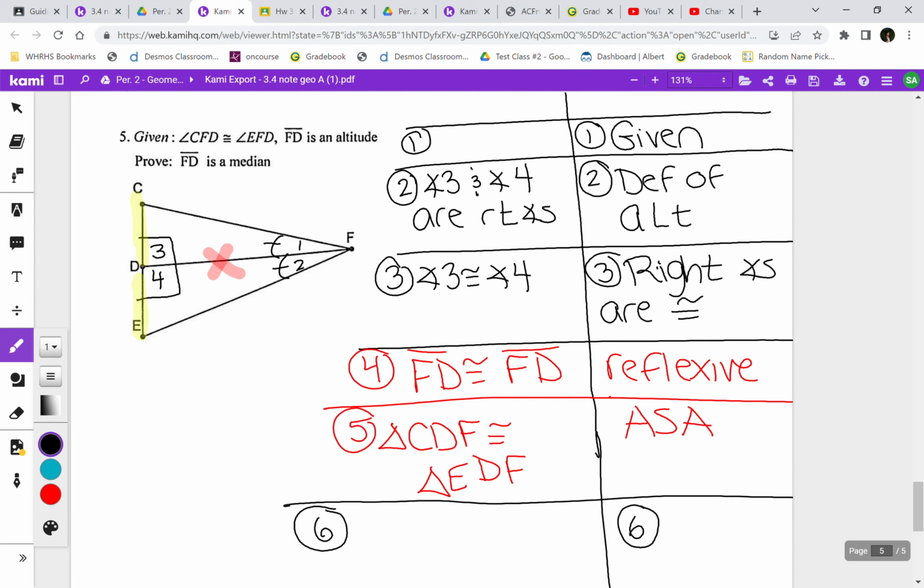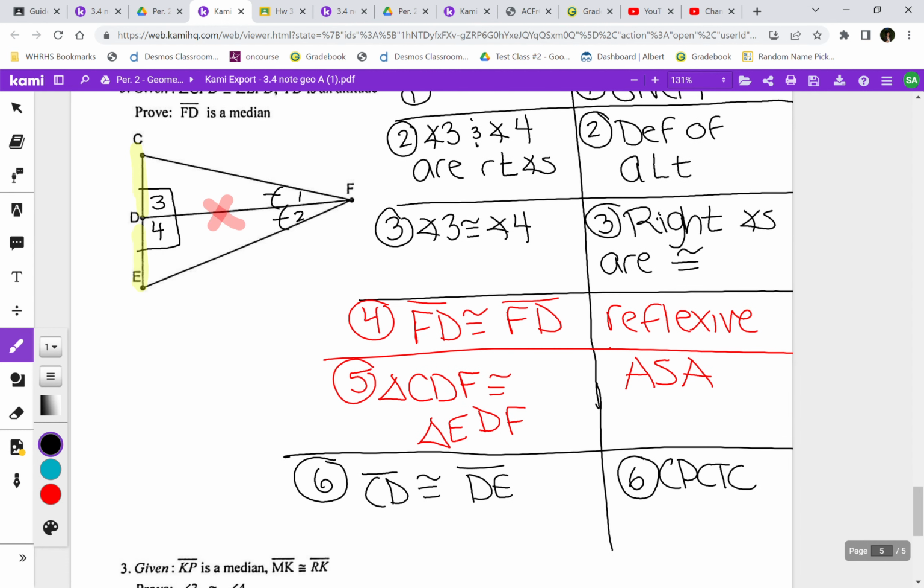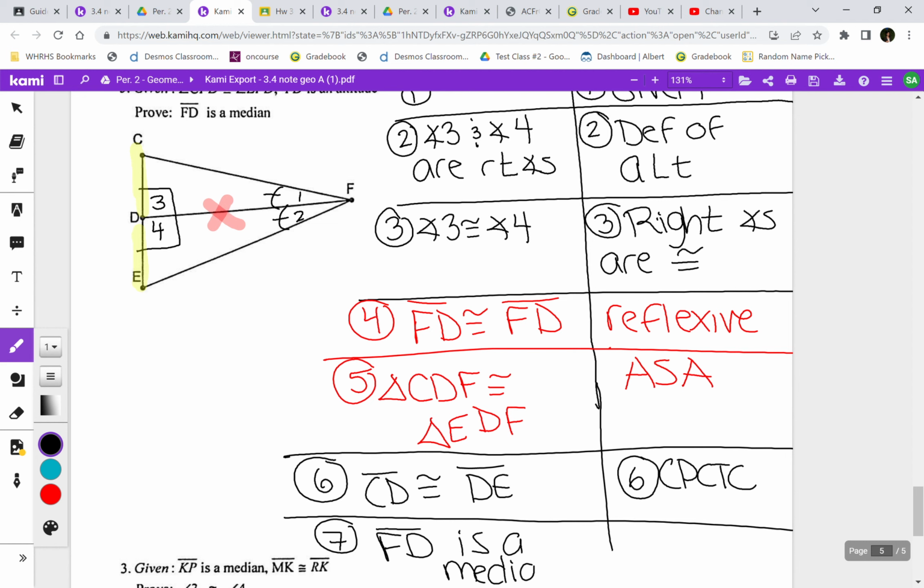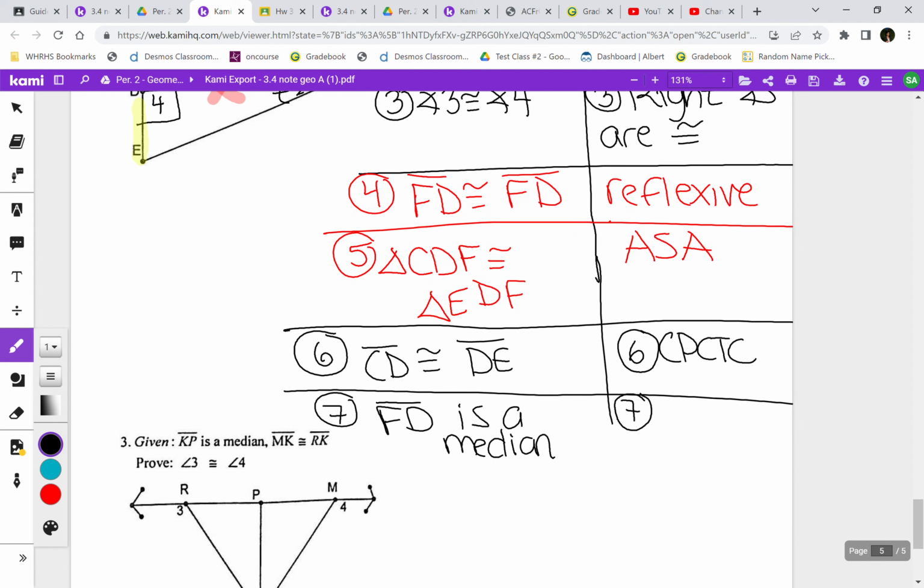Next step is gonna be that CD is congruent to DE, CPCTC. And then last step is FD is a median. Why? Sion? Def of median. You got it. Def of median.